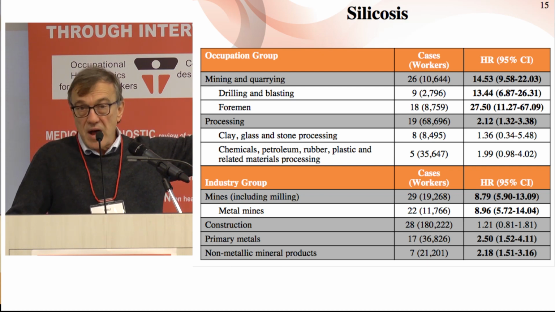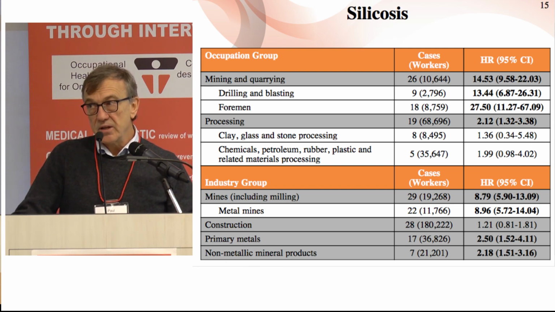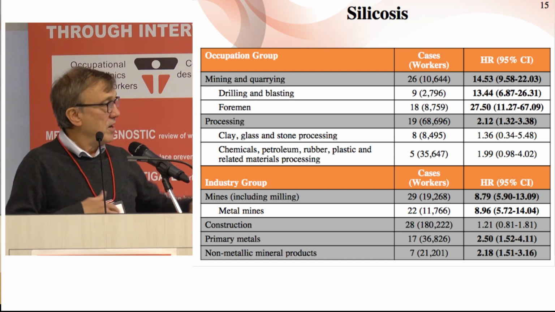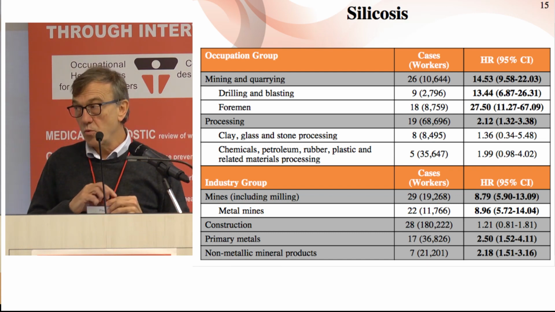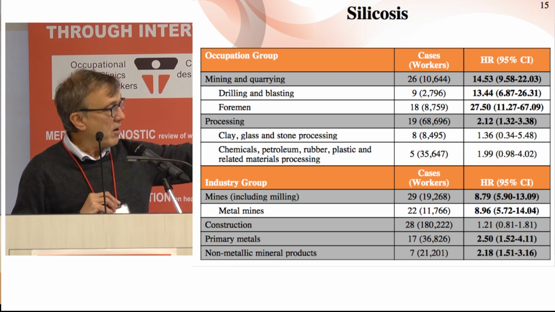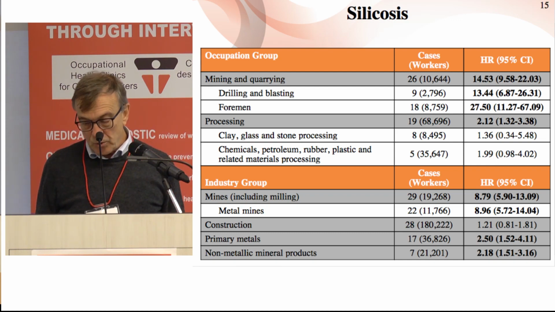Certainly in metal mines, we have high levels of silica, in uranium mines and gold mines, and a number of our mining areas and in our quarries and things like that as well. So we definitely are seeing this increased risk of silicosis in a lot of the groups.